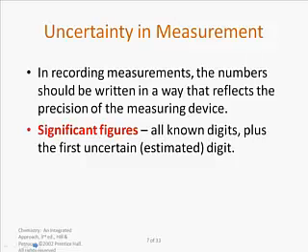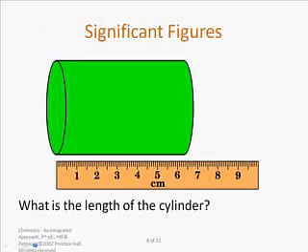And basically, significant figures is a way of recording data so that you are reflecting all of your known digits, which we're going to clarify here in just a minute, plus one uncertain or estimated digit. Okay, so let's look at using a ruler to measure the length of a cylinder.